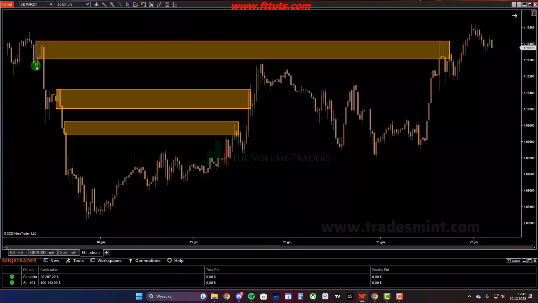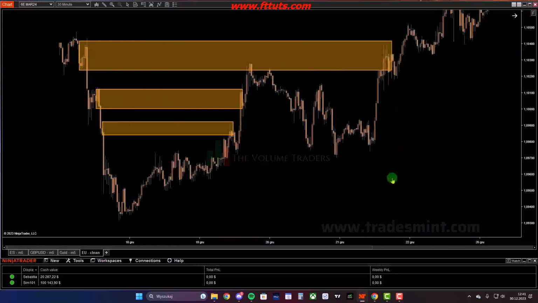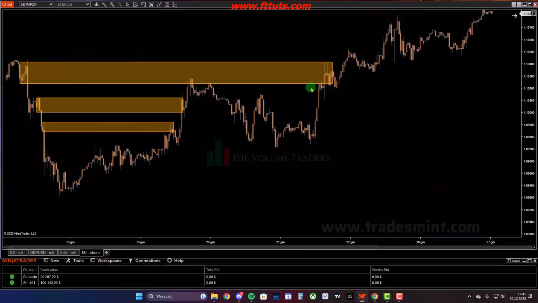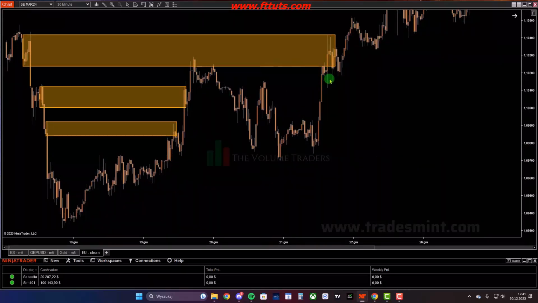If price is reaching some area, I see the reaction, or maybe I will just correct this. This is the whole move. I'm just not watching the zone anymore. So we can see also that this zone after the first reaction was completely broken. So these are the supply zones.